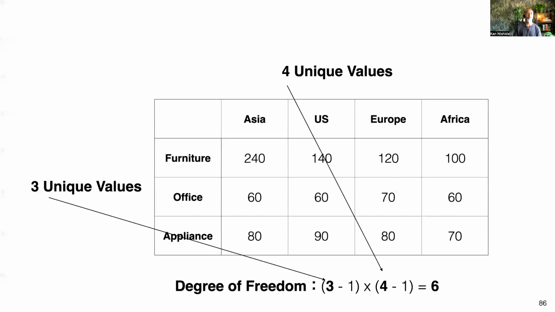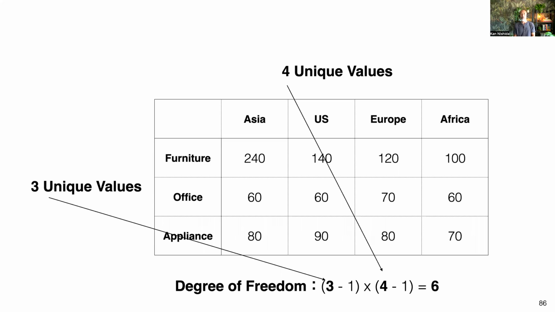All right. So in this case, 3 minus 1 multiplied by 4 minus 1 equals 6. So this is basically 6 combinations where we can choose the value in a free way, because other than that, you basically know the values. For example, if you know 3 values out of this region, then you already know the remaining one.